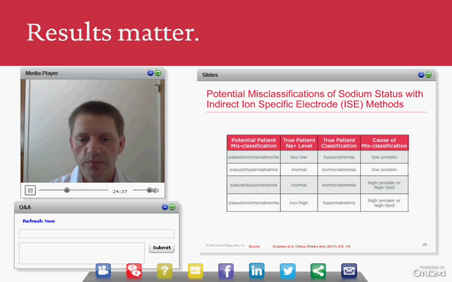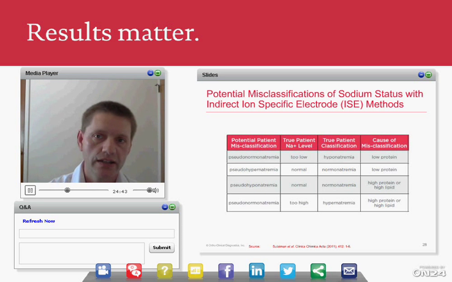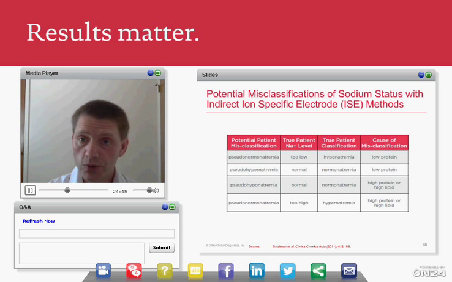The one that I think people are most familiar with is pseudohyponatremia, and this is where you've got a patient who's got normal sodium levels, or normal natremia, but they've got high protein or lipid levels. So if you have a patient with paraproteinemia, that patient may have very high levels of protein, and you can get extraordinarily low sodium values.